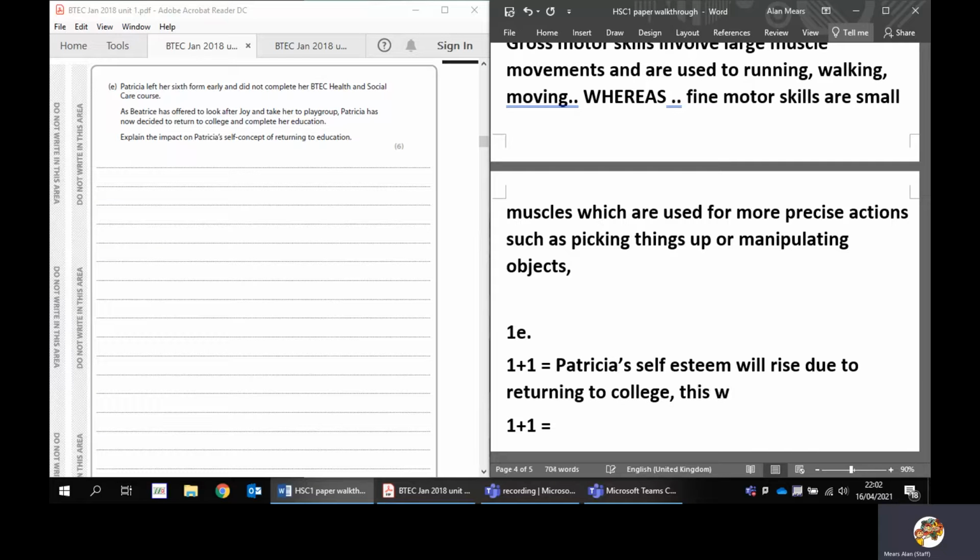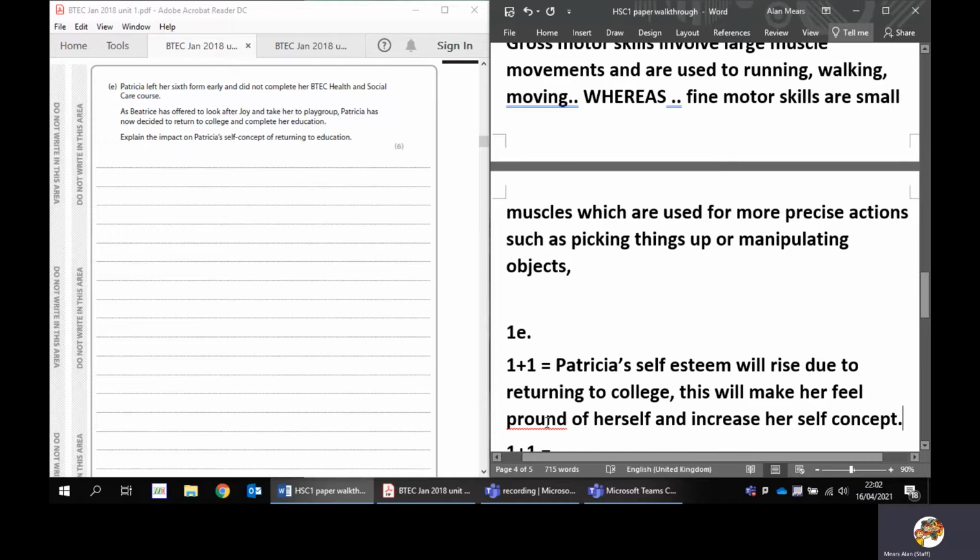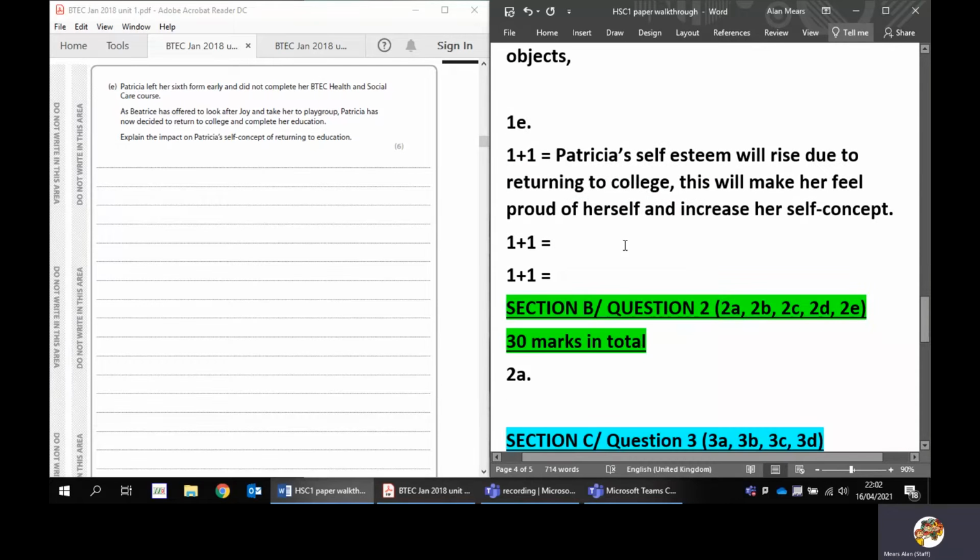This will make her feel proud of herself and increase her self-esteem. Make sure I spell proud right. There we go. So we've come back to she raises her self-esteem because she's returning to college, and then this will make her feel proud of herself and increase her self-esteem. That's our first 1 plus 1.